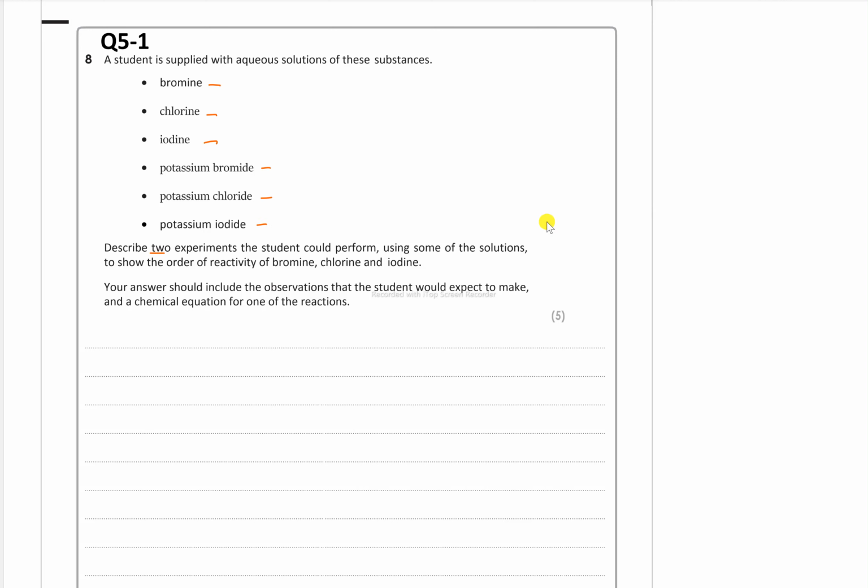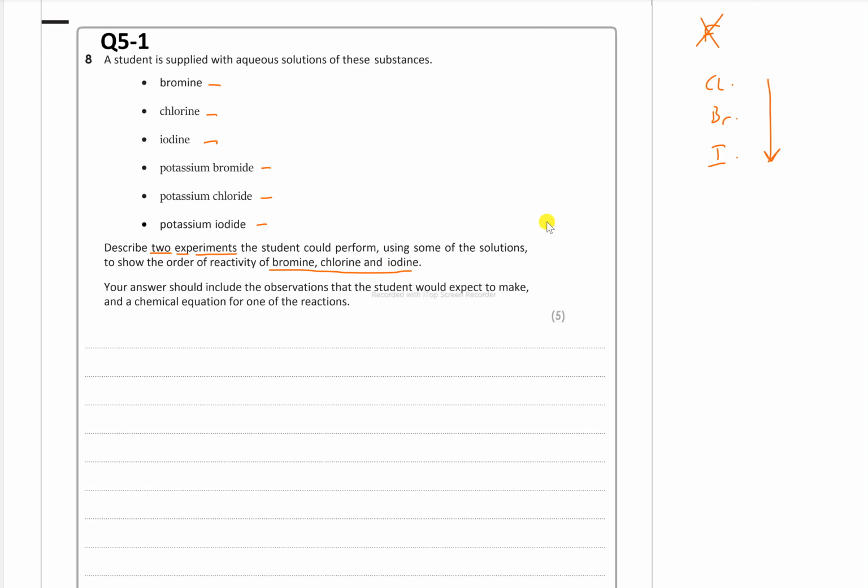You need to describe 2 experiments in order to show the reactivity of bromine, chlorine, iodine. So look, fluorine, chlorine, bromine, iodine. That's too dangerous in the lab, so we tend to use chlorine, bromine, and iodine.